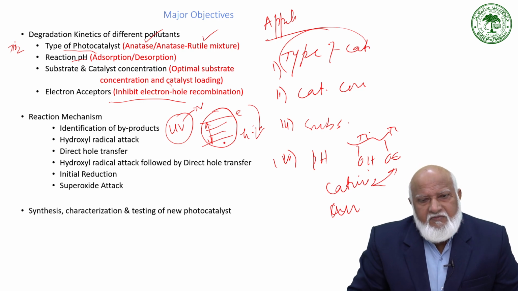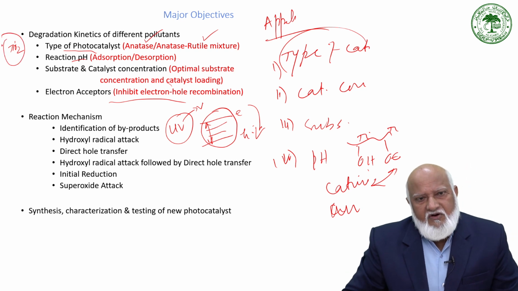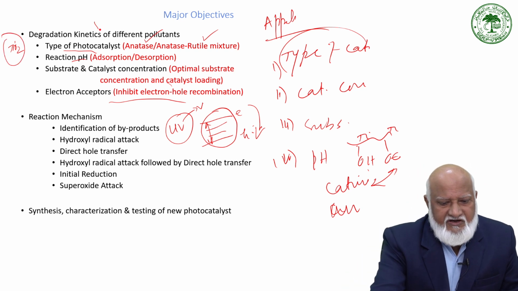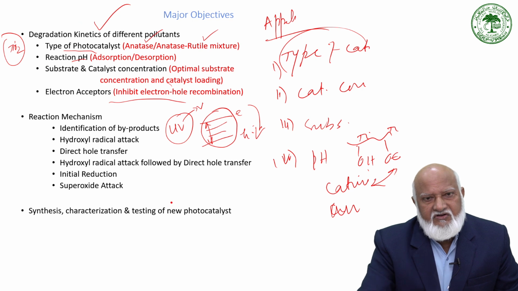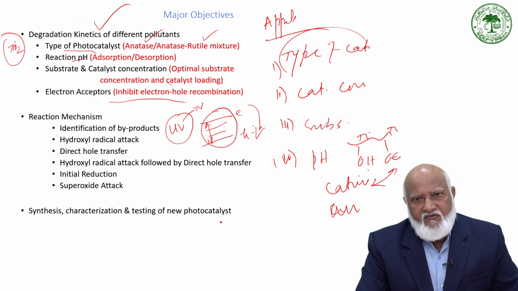That is the second part of my lecture, but at present a lot of work has been done by degrading a large number of compounds, by determining the degradation kinetics, by optimizing the condition at laboratory scale, by studying a large number of organic pollutants.